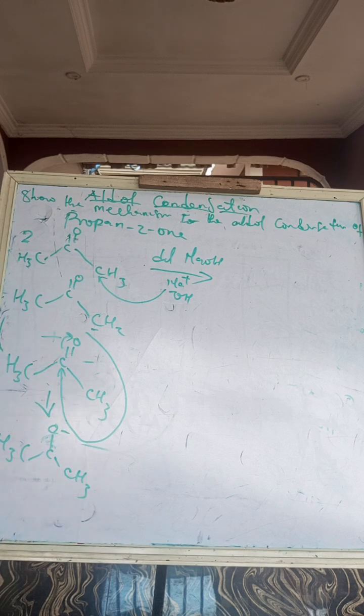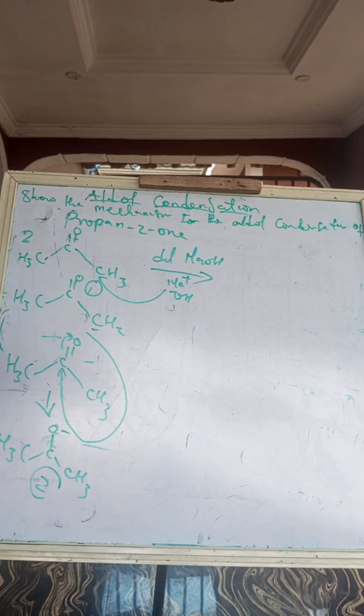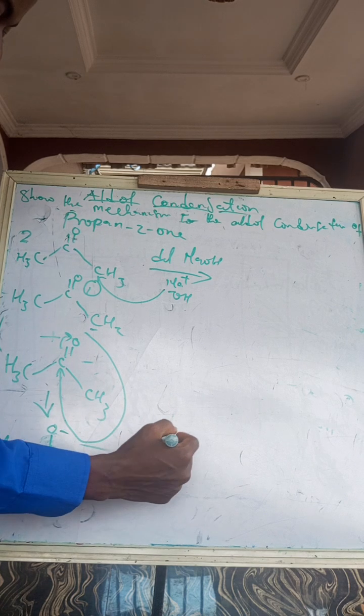Since we form this, the next thing is to add the enolate and this together. We need to add it together, and why are we adding it? That is to form a carbon-carbon bond formation. That's the reason why we need to add A and B together, to form a bigger and more complex structure.